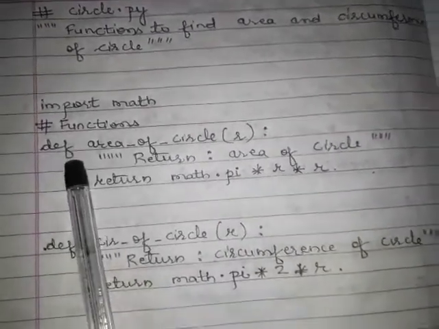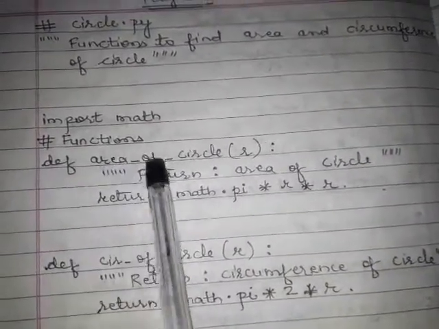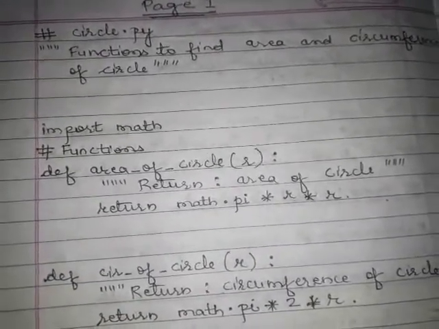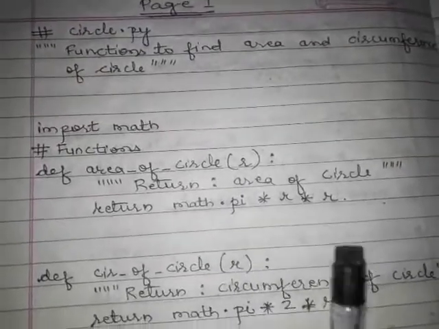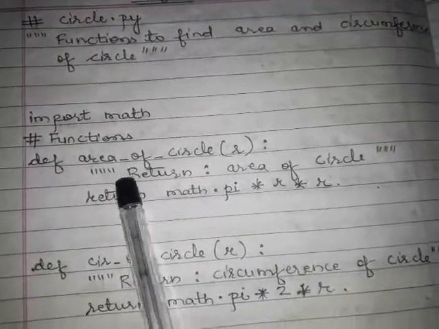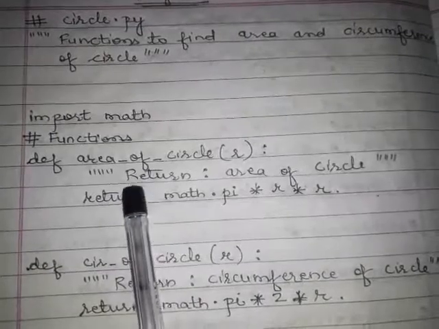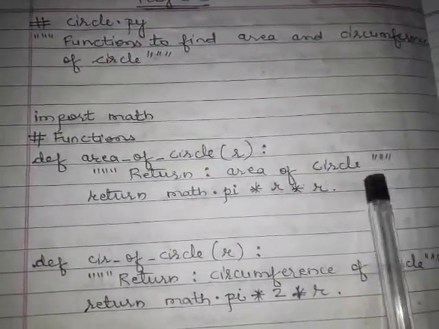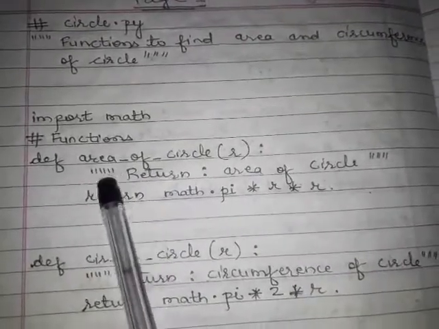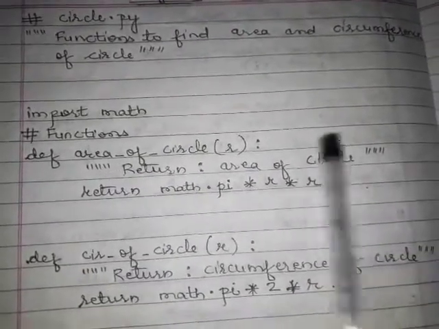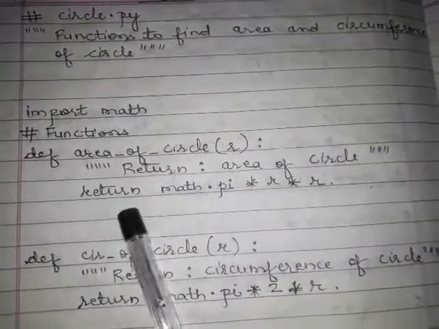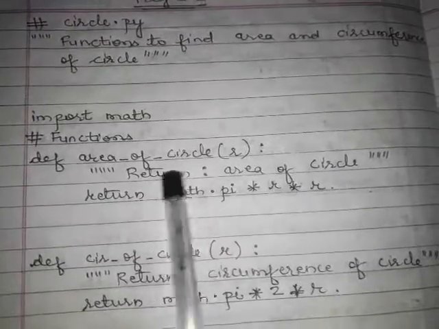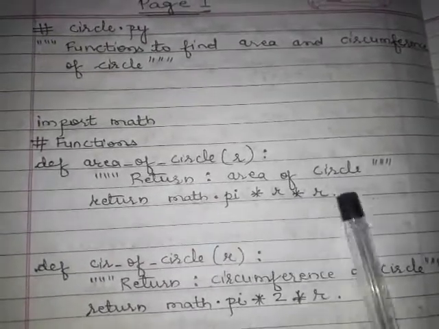Here our first method is def area of circle, in which only one argument is used, so I have given r here. Here also I have used a doc string for help, which says it returns area of circle. Okay, these doc strings are to be enclosed within triple quotation marks. Now I return math.pi multiply r multiply r.